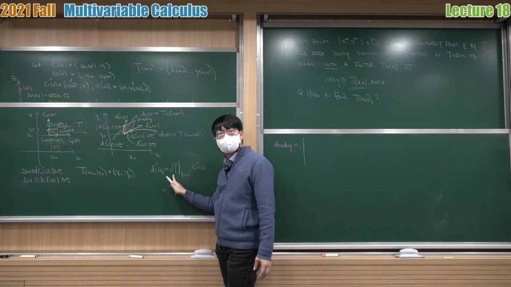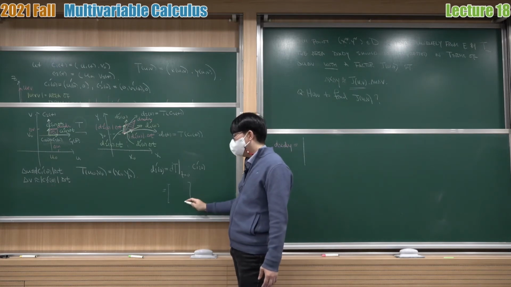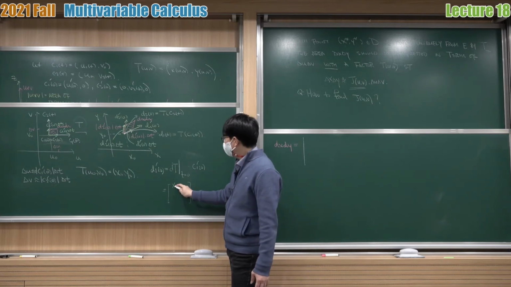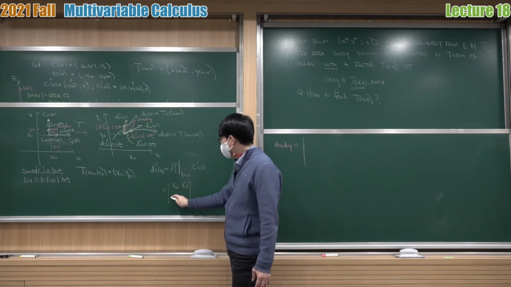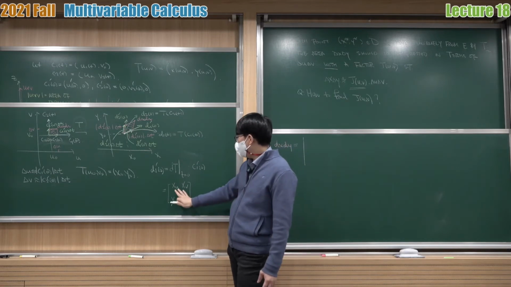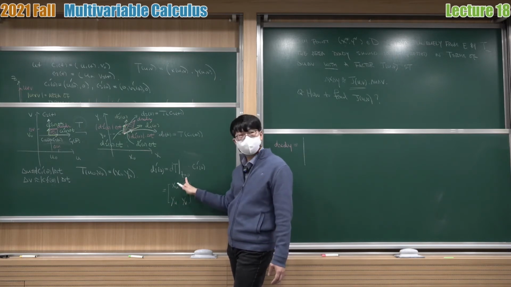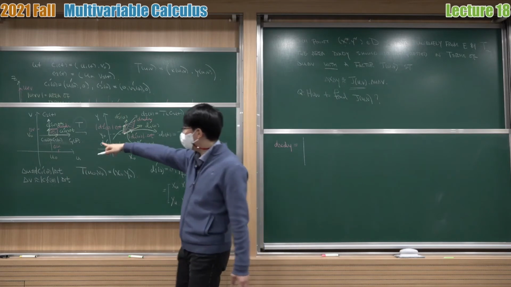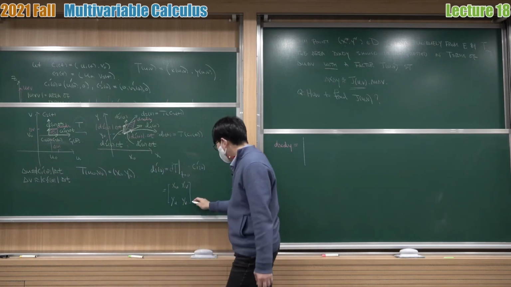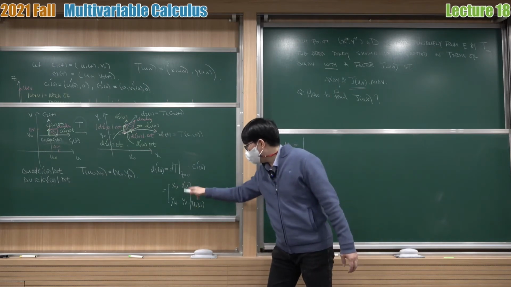So what's the differential? It's a 2 by 2 matrix, right? First row is xu, xv, second row yu, yv. And we compute these partial derivatives at t equals 0, which means that when t equals 0, u and v are u0 and v0. So I'm applying these coordinates here.